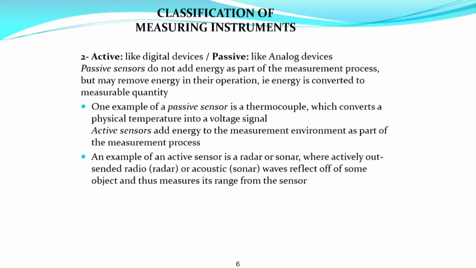Active sensors add energy to the measurement environment as part of the measurement process. An example of an active sensor is radar or sonar, where actively sent radio, radar, or acoustic sonar waves reflect off some object and thus measure its range from the sensor.